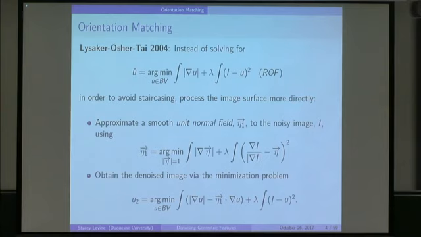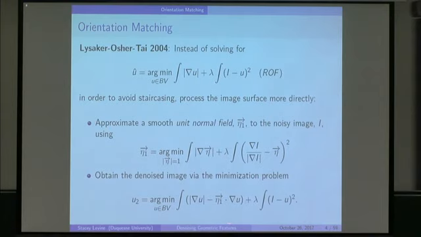So what they did was, instead of processing u, they generated a unit normal vector field, again using a TVL2 type functional, but with a constraint that your vector field should be normalized to 1. So compute this unit normal vector field, which is hopefully the normalized gradient field to the level lines of the image surface.